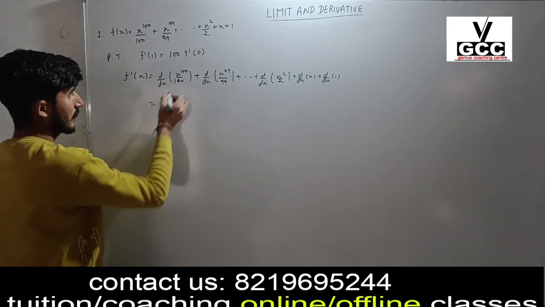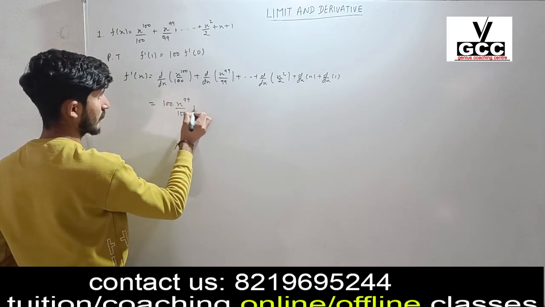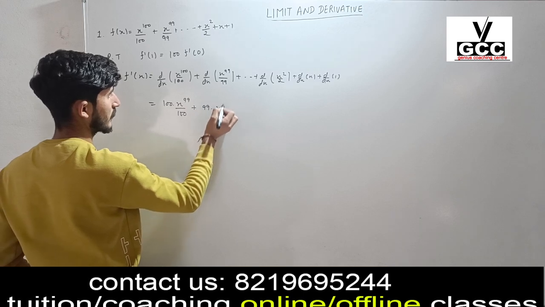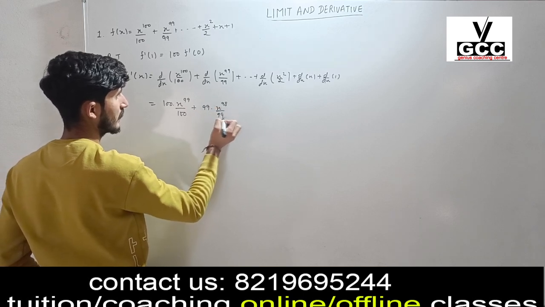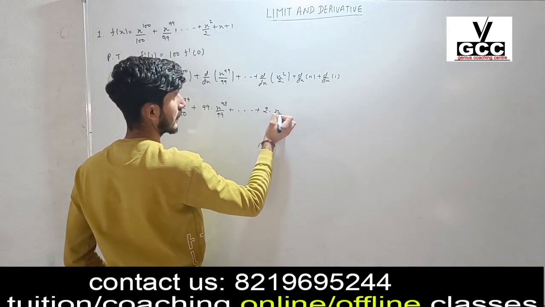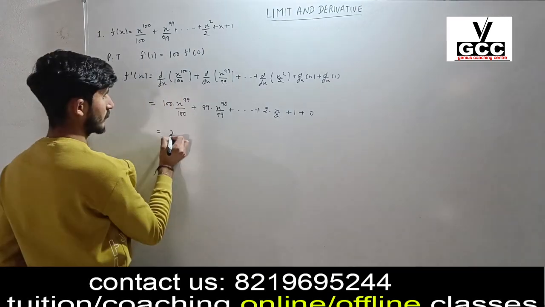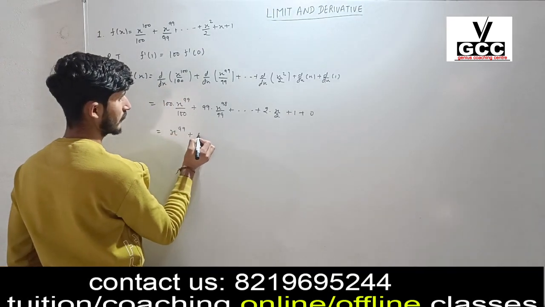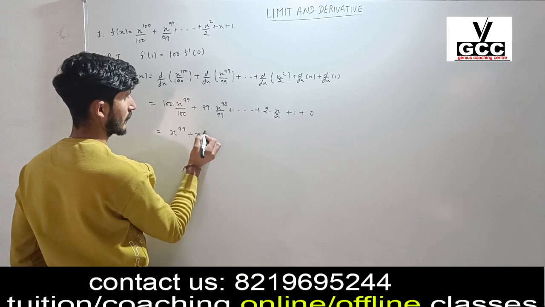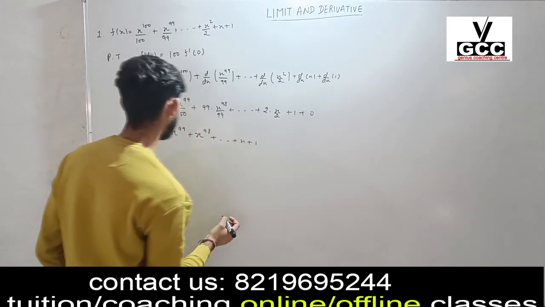So 100 into x power 99 by 100 plus 99 into x power 98 by 99 plus so on, 2 into x by 2 plus 1 into 0. We have the value of f dash x is equal to this.